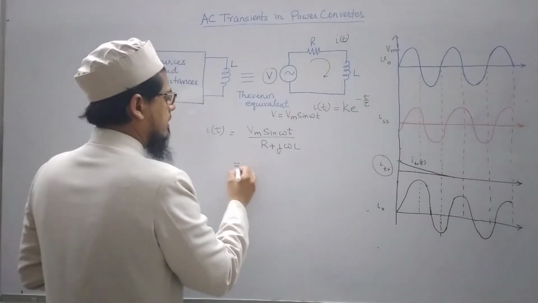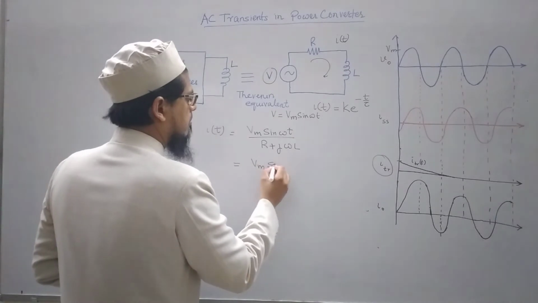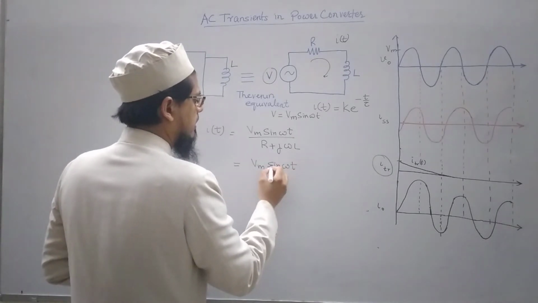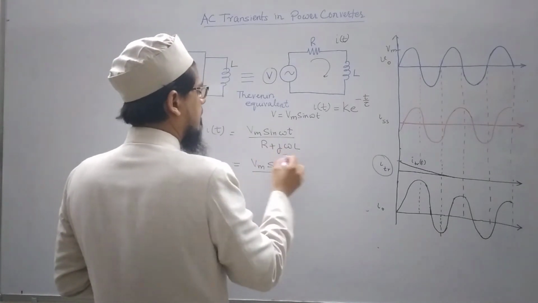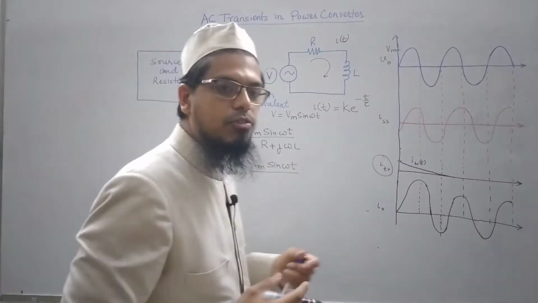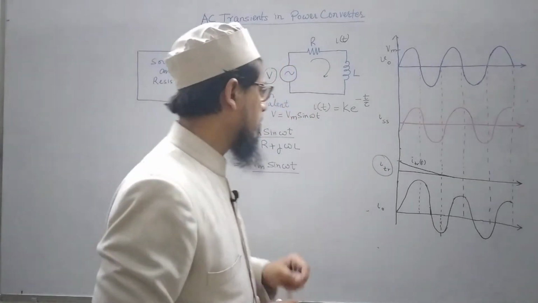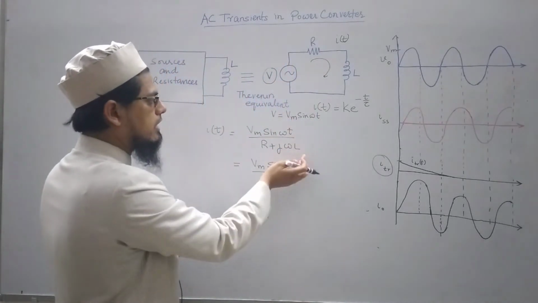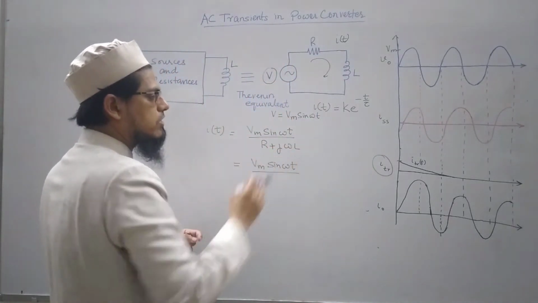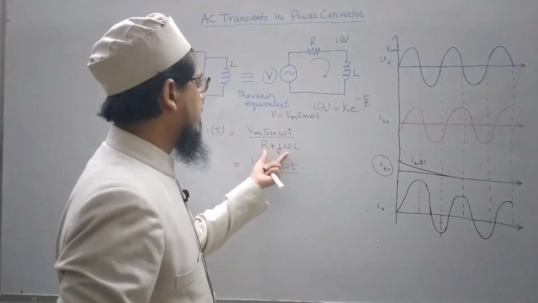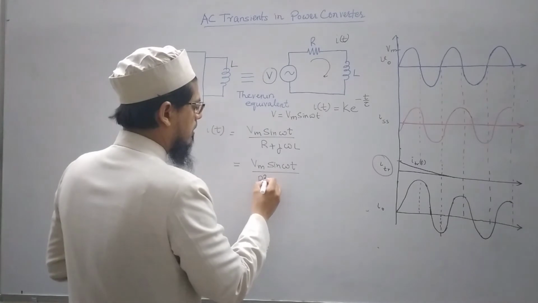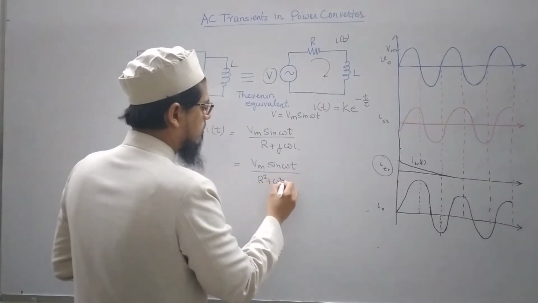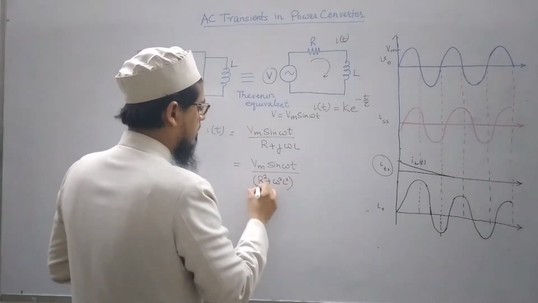Now I can write this as Vm sin omega t upon R plus j omega L, which is in Cartesian form. I can write it in polar form because it is division here, so better to write this R plus j omega L in polar form. So that would be the root over of R square plus omega square L square.